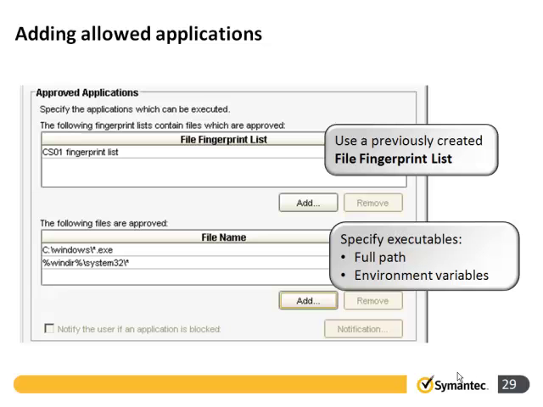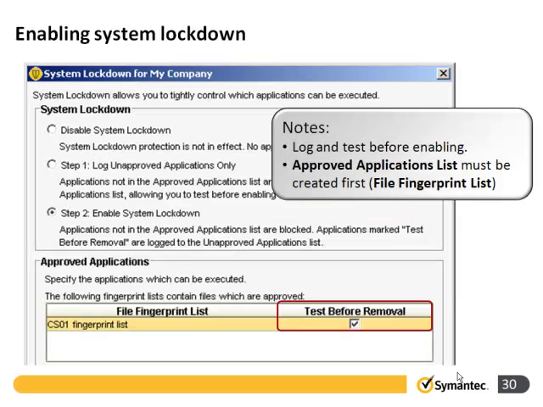We can have the following files are approved, and we can add in those particular file names. So once you've tested this thoroughly, you may want to enable system lockdown. And you select step 2, enable system lockdown. And that means all applications not in the approved application list will be blocked on this client that receives this policy.